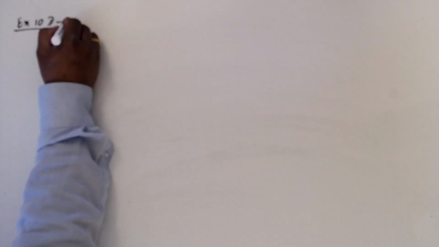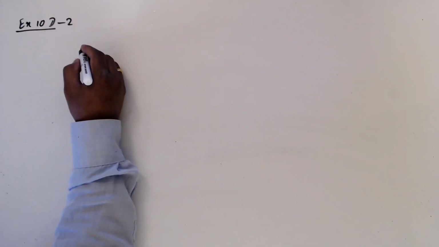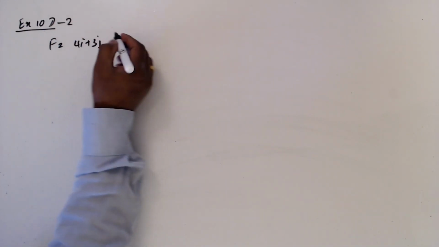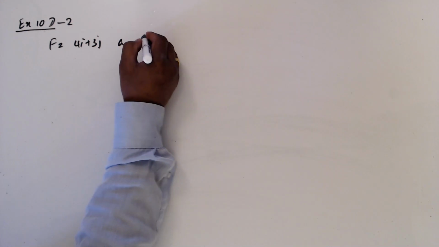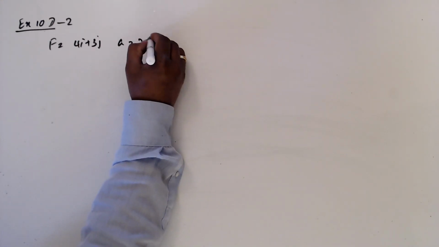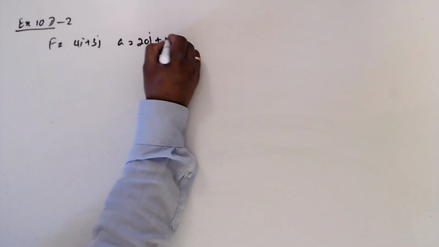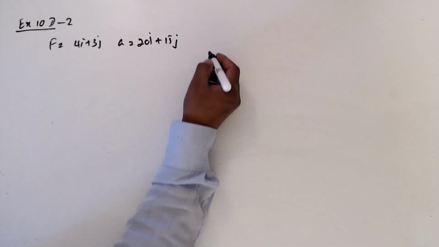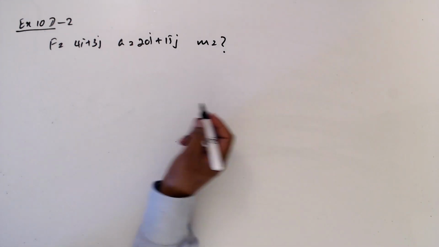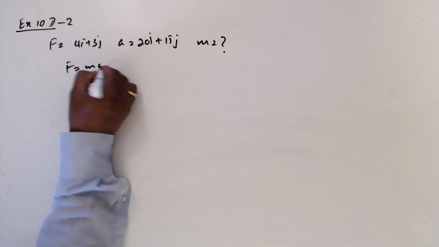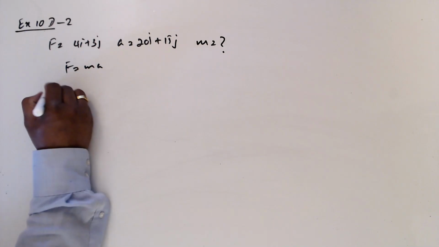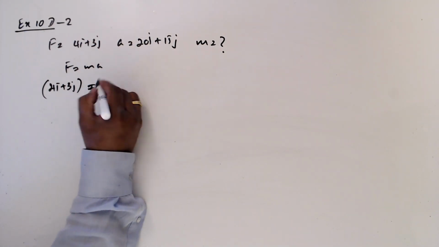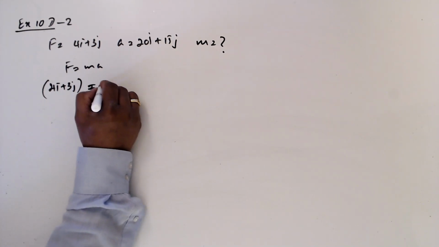Now question 2. The force is given as 4i plus 3j. The acceleration is also given as 20i plus 15j. Then we want to find the mass. So F equals ma: 4i plus 3j equals m times 20i plus 15j, where m we don't know.